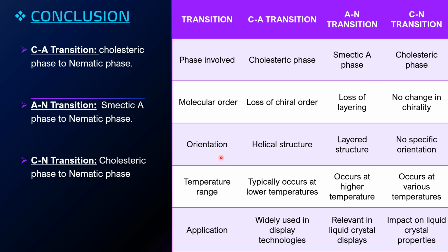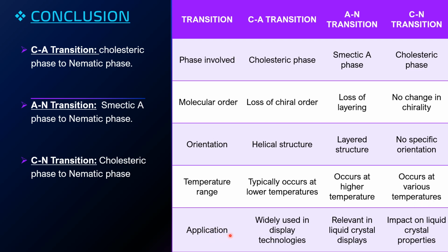For orientation, the CA transition is a helical structure. For the AN transition, it is a layered structure. For the CN transition, it is no specific orientation. And for temperature range, the CA transition typically occurs at lower temperature, the AN transition occurs at higher temperature, and the CN transition occurs at various temperatures.